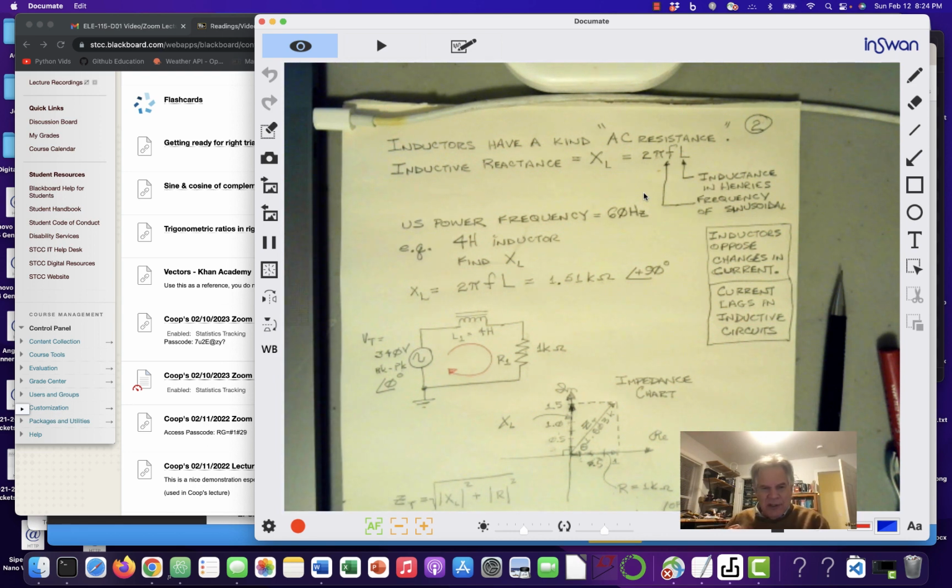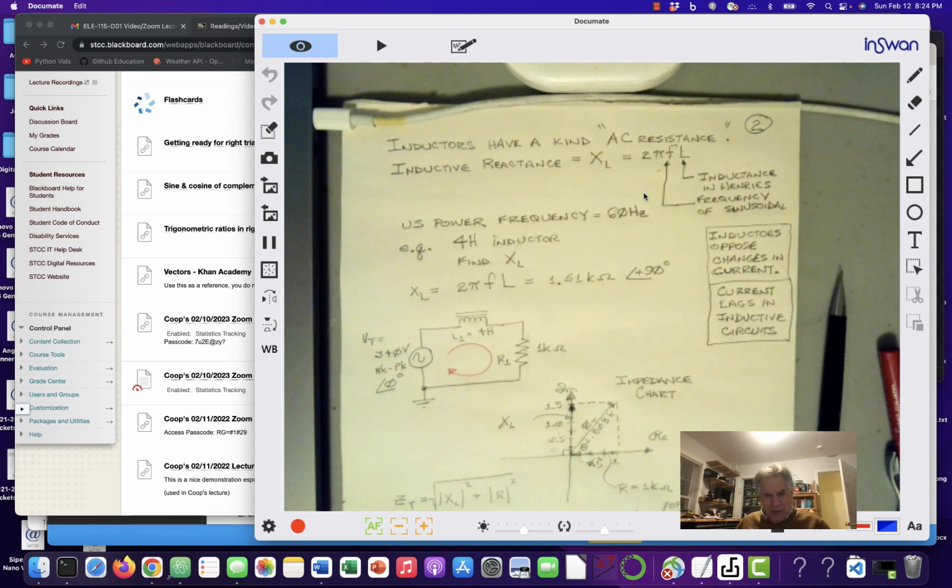So in inductors, like Lenz's law says, any change in current and that change in magnetic field fights you. It generates a back EMF. It induces a back EMF, if you will. If you try to reduce the current, same thing. The inductor says, I've got a lot of current flowing in me. I don't like changing it.